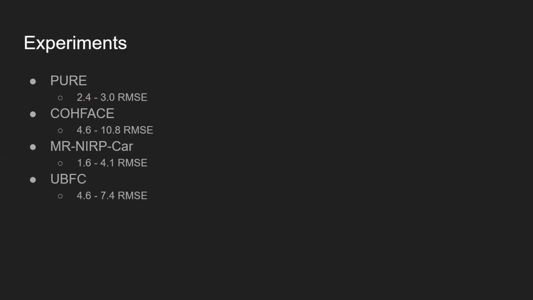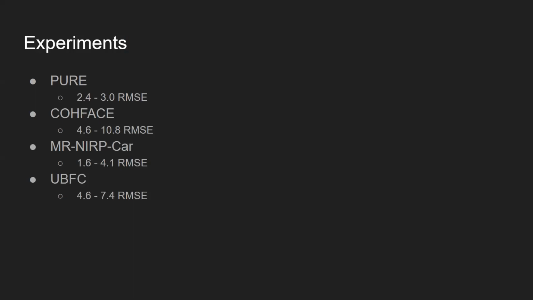Next, I'm going to go over the experiments for each of the datasets and the results that the researchers found. For each experiment, the RMSE, MAE and Pearson's correlation, or PC, was calculated for the predicted versus ground truth heart rate, and each experiment was run 25 times for stability.